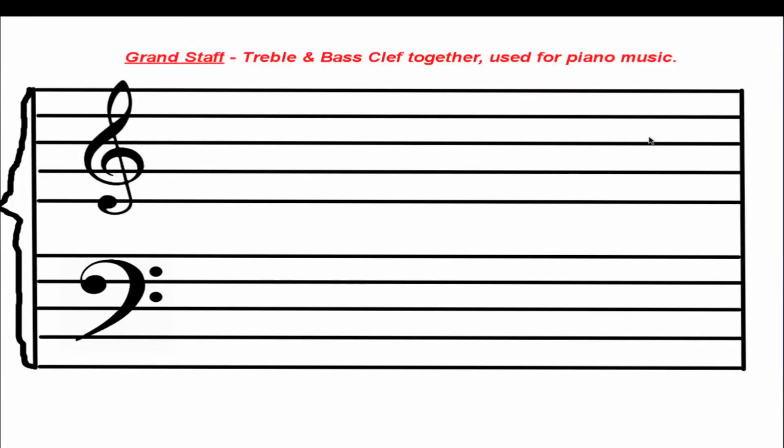Now, so far you've seen the staffs as 2 separate groups. A lot of times, especially if you play the piano, you're going to see the staffs grouped together, and usually there's some type of bracket like this connecting the 2 staffs. When you have a treble clef and a bass clef together, that is called the grand staff. And that's when the treble and bass clef are put together to create a larger staff.